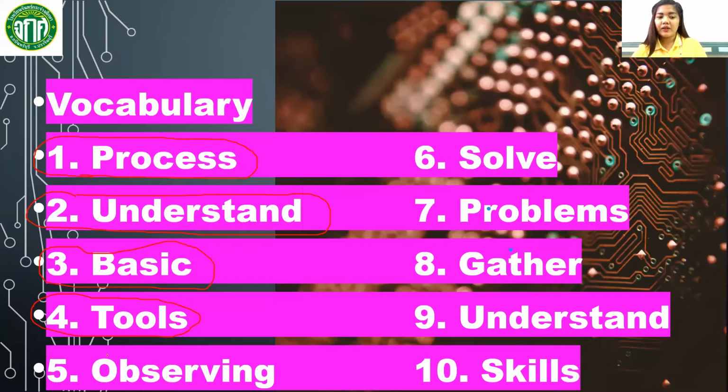Next, number 5, observing. Again, number 5, observing. Okay, next, number 6, solve. And number 6, solve.